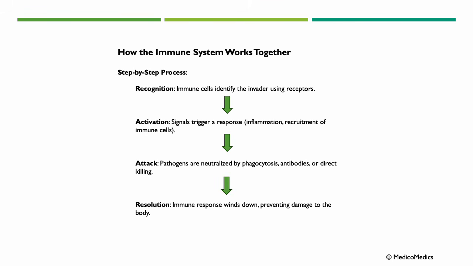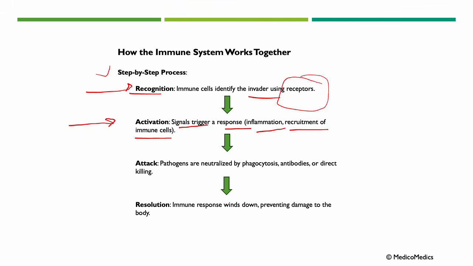So how does the immune system work together? Let's look at a step-by-step process. First, we have recognition. Immune cells identify the invader using different receptors. That then leads to activation, so signals trigger a response. Inflammation, which is where the recruitment of immune cells occurs.